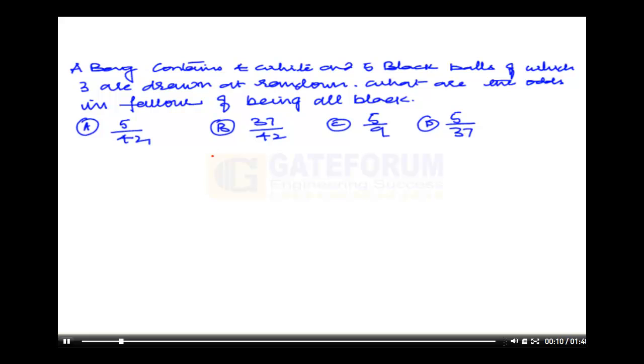Question: we have to find odds in favor of being all blacks. First, the total number of balls given are 9, of which 5 are black. When you draw 3 at a time, then the sample space is 9C3.